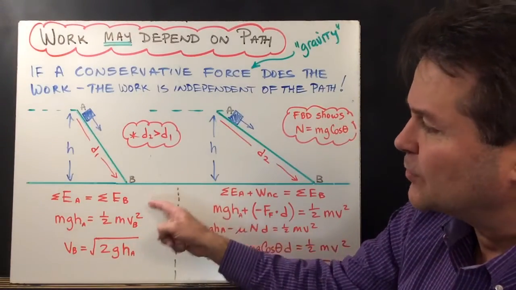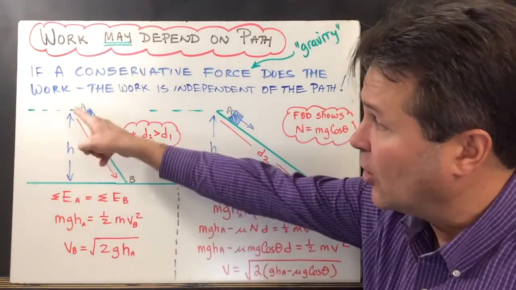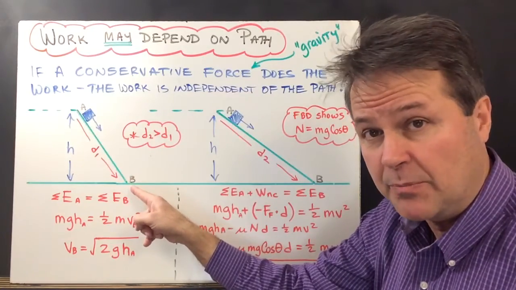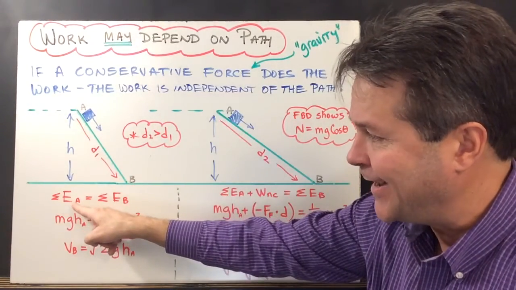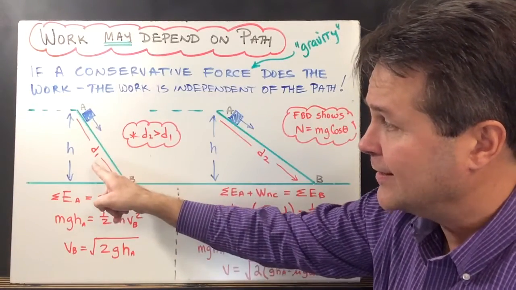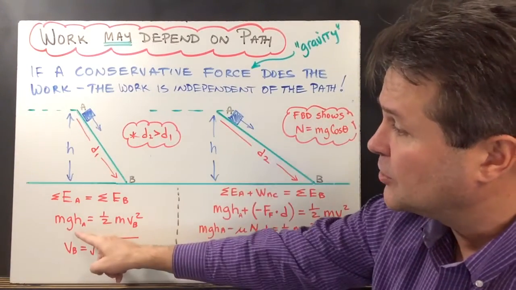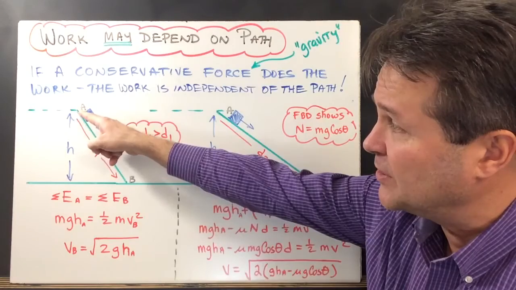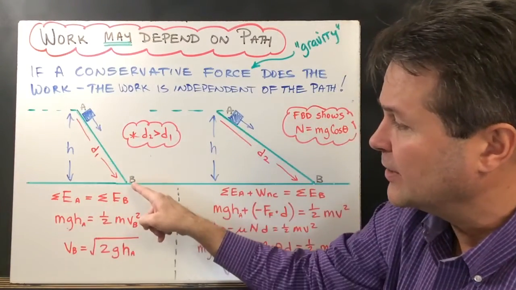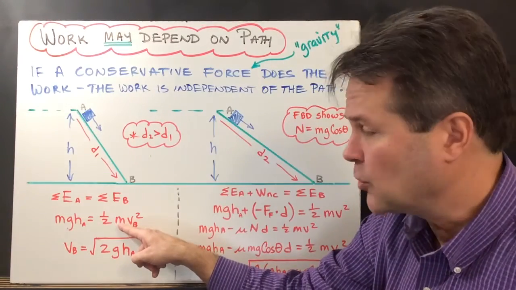So in this case, we can summarize what happens with the energy exchange. We know that all the energy at position A has to be equal to all the energy at position B. So the total energy at A equals the total energy at B. That's true for the steep hill, and that's also true for the less steep hill. The only energy that you have at position A would be mgh, the gravitational potential energy, and the only energy you would have at position B would be the kinetic energy, 1/2 mv squared.